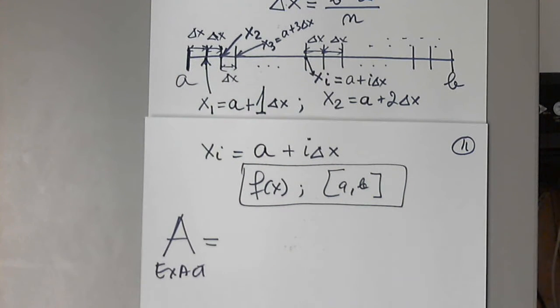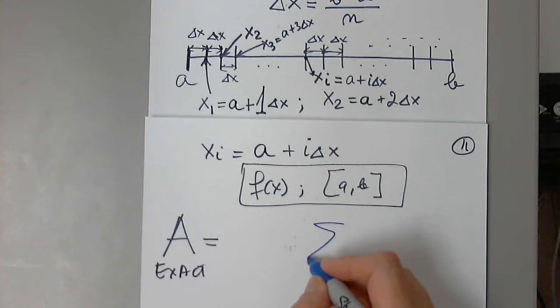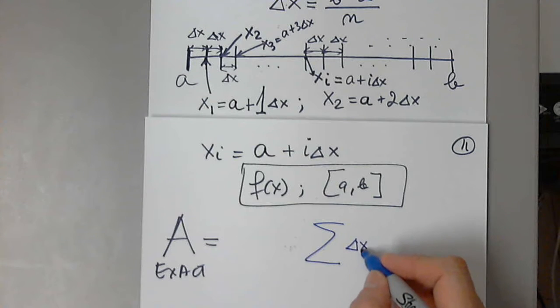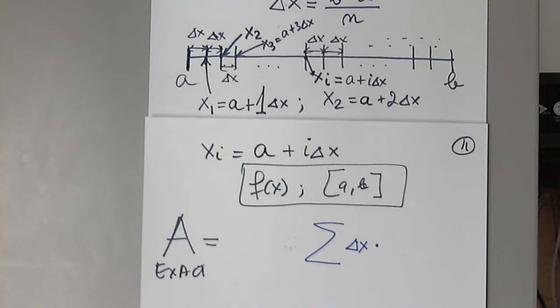We will have a sum of areas. Delta x is the base. What is the height? Base times height plus base times height plus base times height.